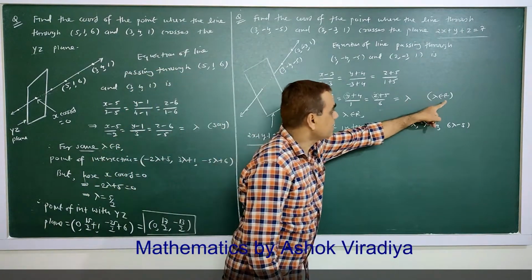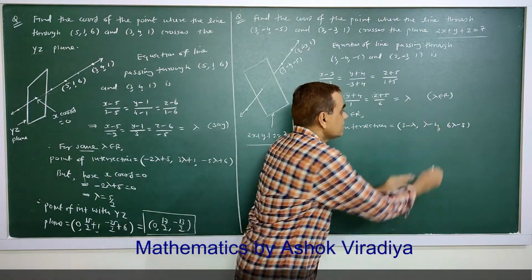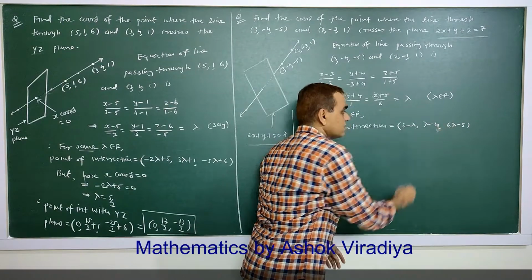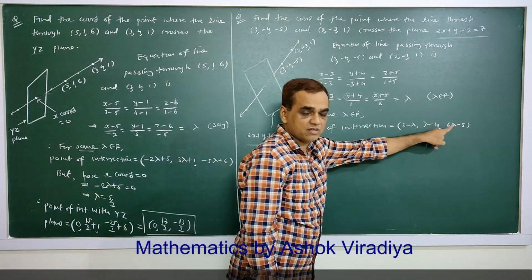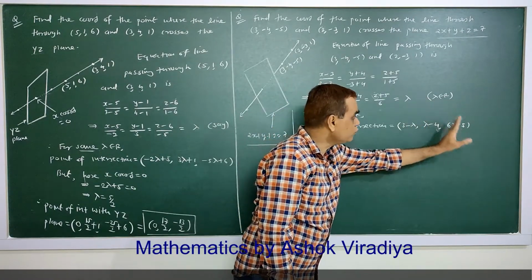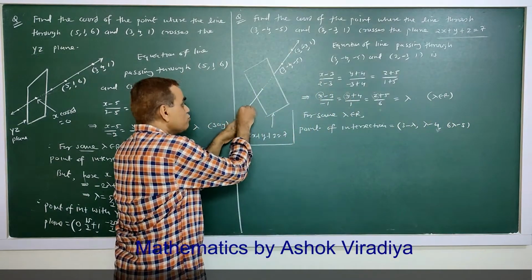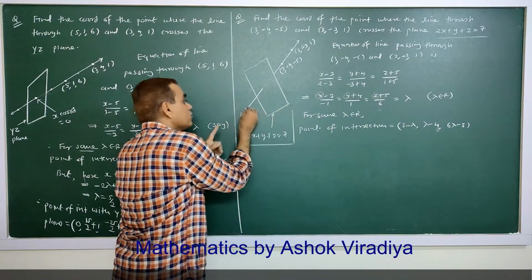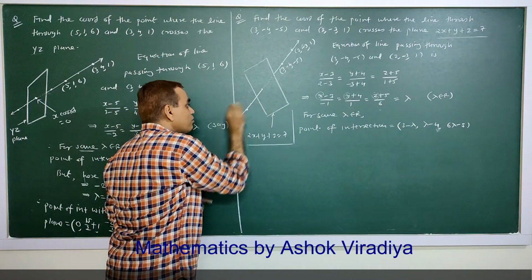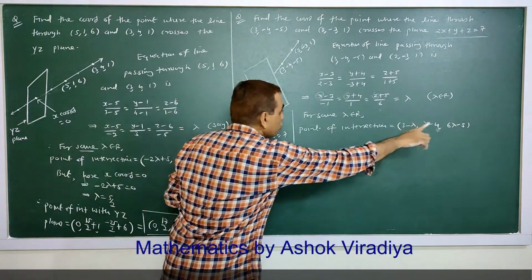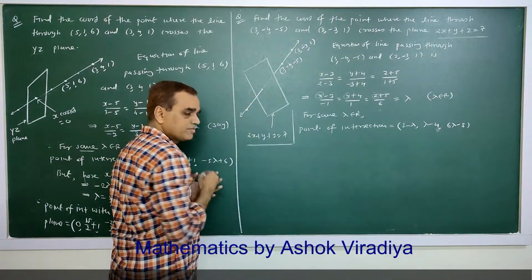Lambda is any real. The meaning of this is that as you change the value of lambda, every new value of lambda gives a new point. Suppose if you take lambda 1, you get this point. Take lambda equal to 2, you will get this point. Take lambda equal to 3, you will get this point.